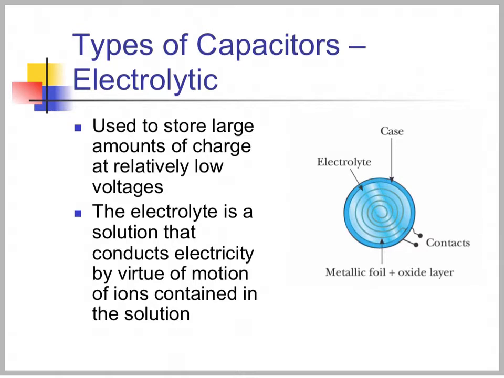Electrolytic capacitors, if you've ever seen a circuit board, are the little round capacitors you see on the circuit. They're used to store large amounts of charge, but at very low voltages. The electrolyte is a solution that conducts electricity by virtue of the motion of ions contained in the solution.